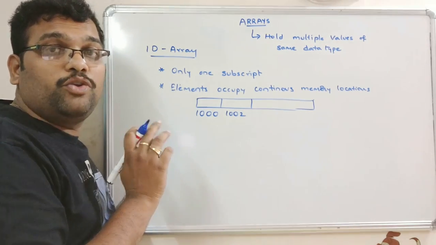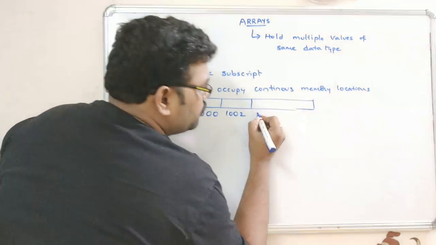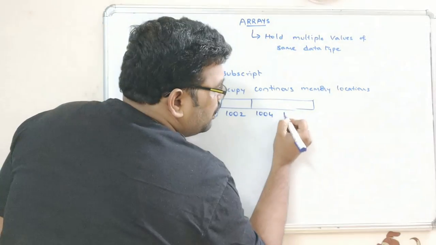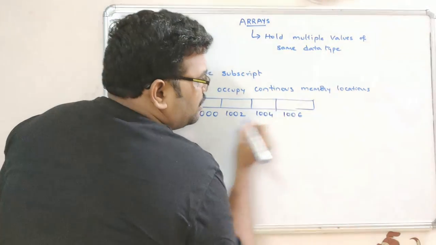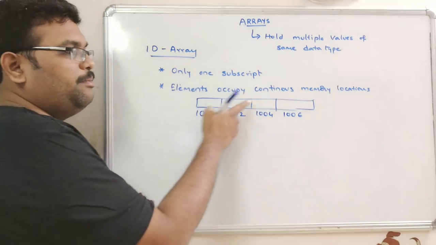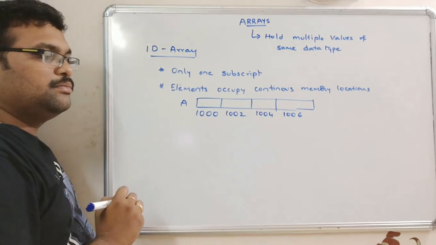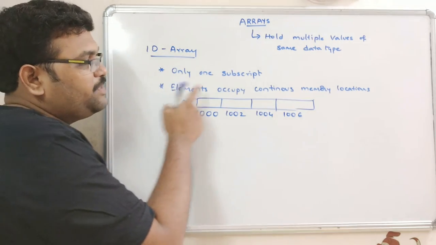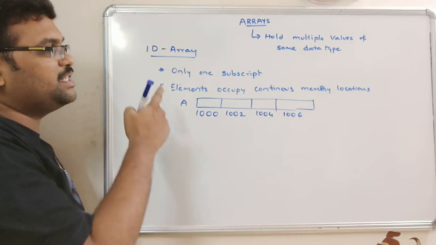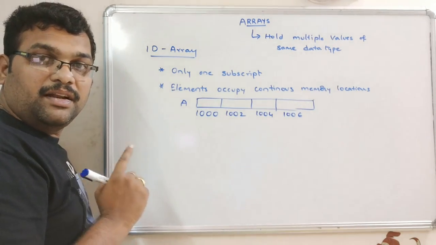So 1002, 1004, 1006, right? So this is the first element, second element, third element, and the fourth element. So elements will occupy continuous memory locations in this one-dimensional array.